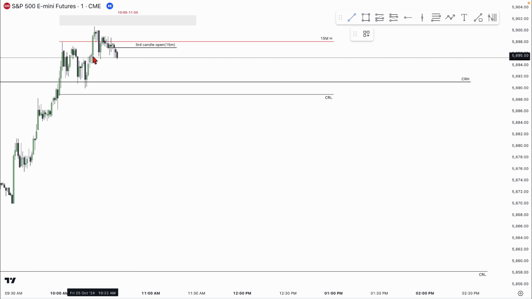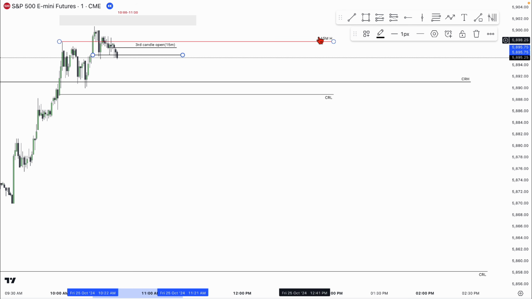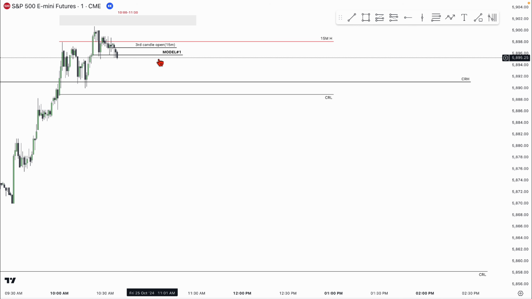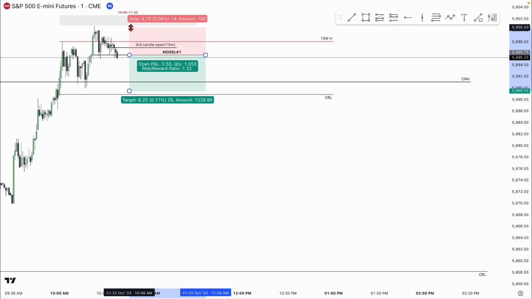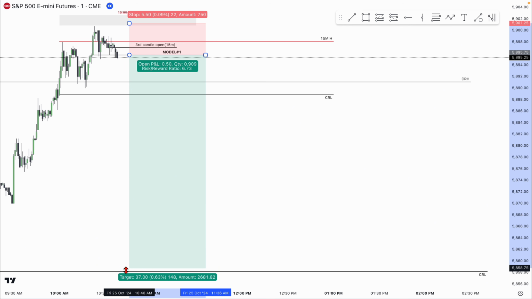The price has closed below this thick up-close candle, so we will consider it as CSD, and this will be our entry model 1. We will open our short position here with our stop just above the swing high, and we will target the 15-minute CRT low or the 6 AM CRT low.